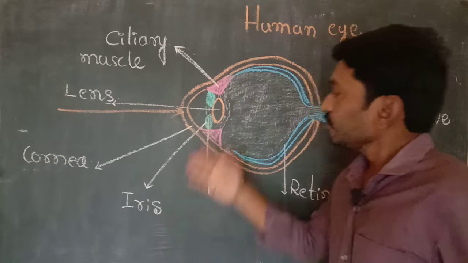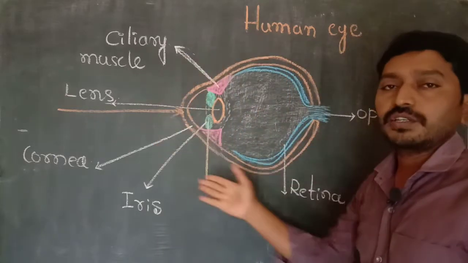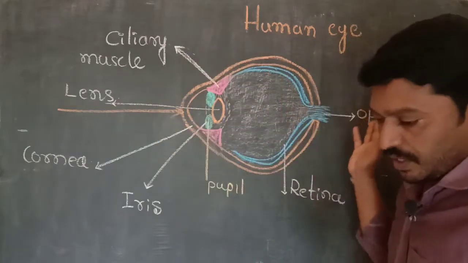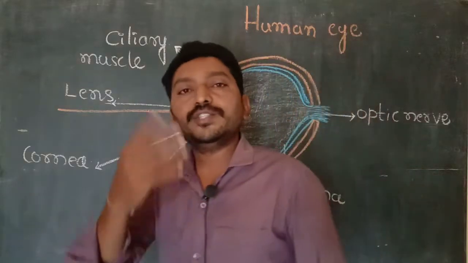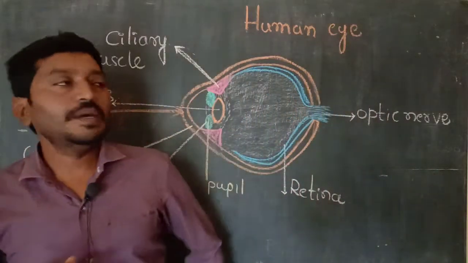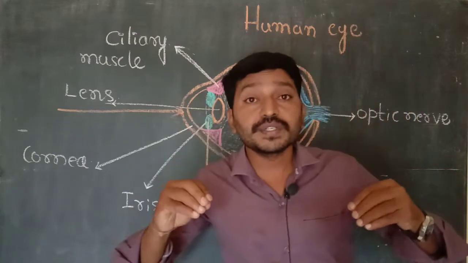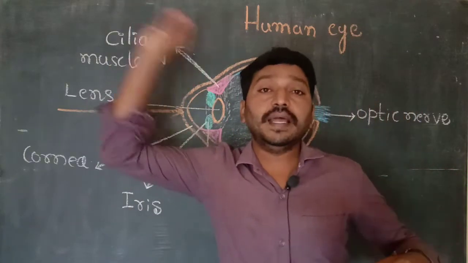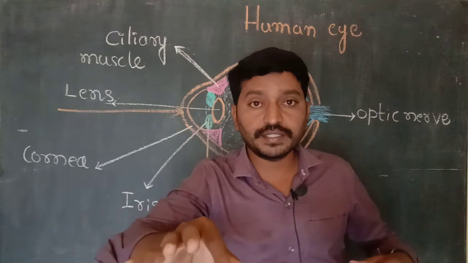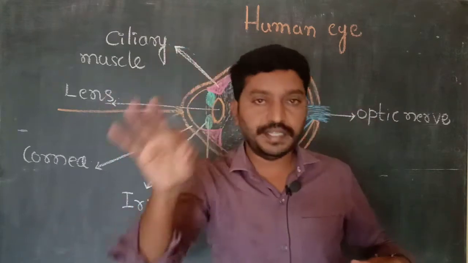Firstly, I want to say this is the structure of the human eye. Before going to this, as you know, we have to see many objects in our surroundings, right? So first, naturally the light falls on the object. There is a reflection that takes place.